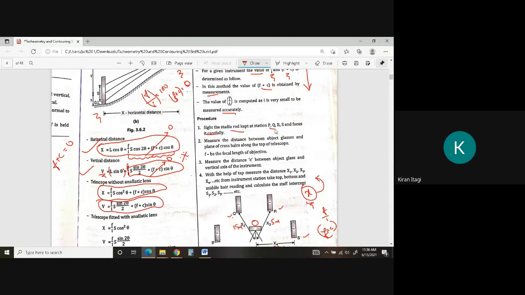Measure the distance between the object glass and the plane of the crosshair along the top of the telescope, that is, the distance C between the object glass and the vertical axis of the instrument. With the help of the tape, measure the distances x1, x2, x3, x4, etc. from the instrument, and calculate the staff intercepts, that is s1, s2 and s3.